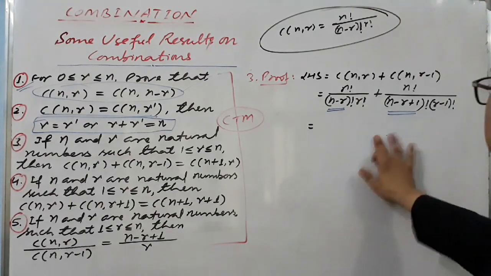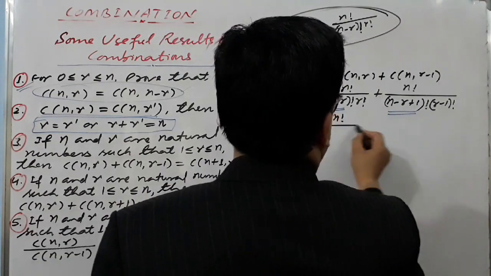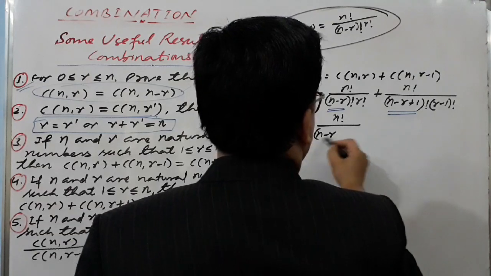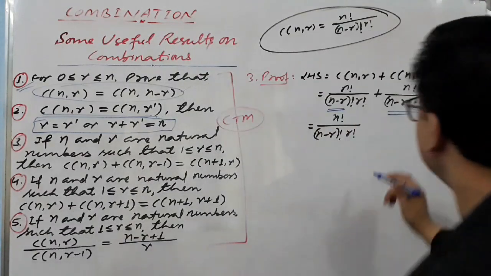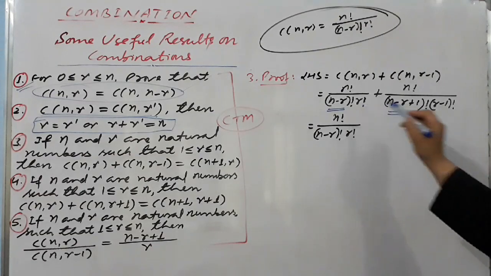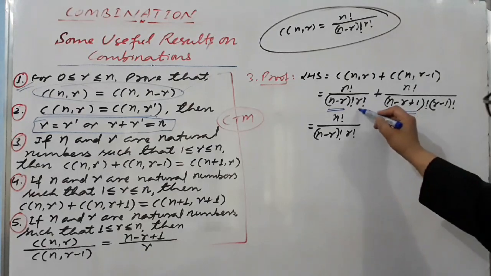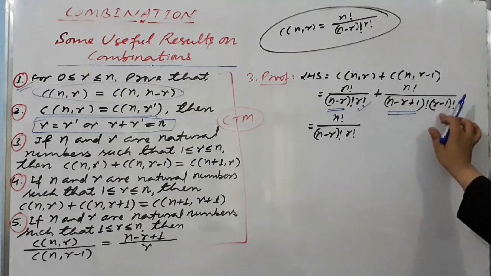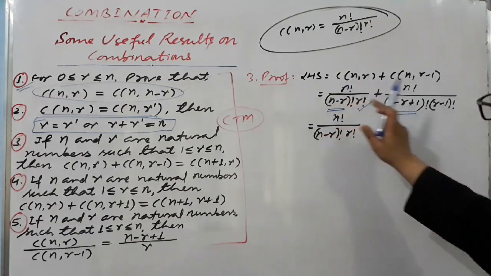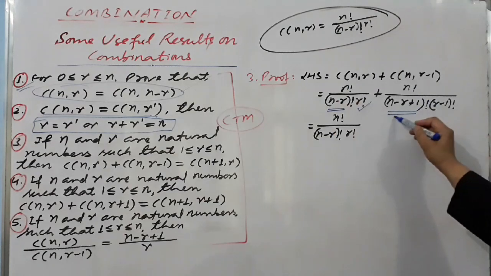So let's see here, n factorial upon n minus r factorial, r factorial. And one more thing, let me tell you. Here is r factorial and r minus 1 factorial. Which one is greater? r is greater, right? So we will expand this one, and here you will not expand this. Here n minus r plus 1 is greater than this, so you will expand this one.